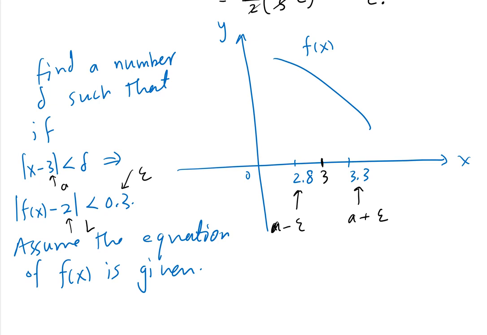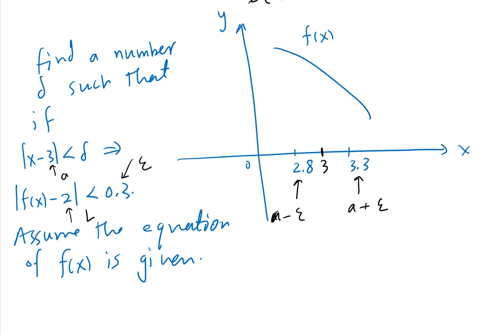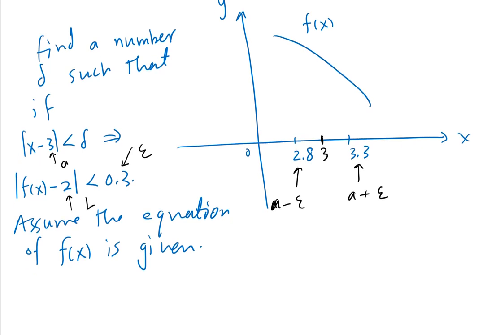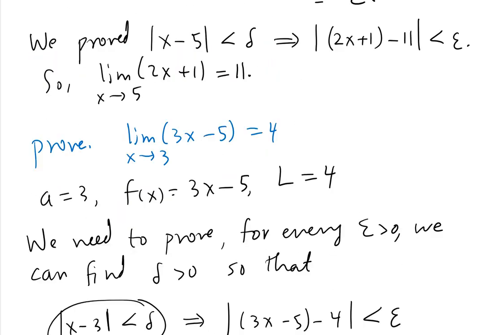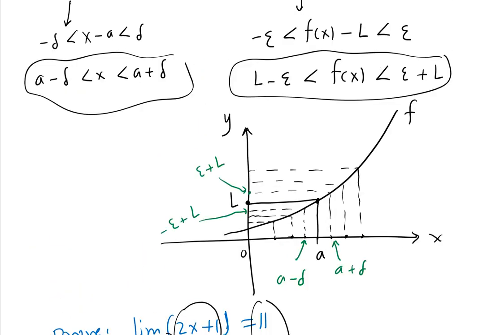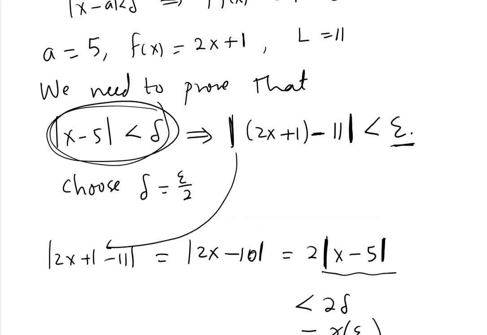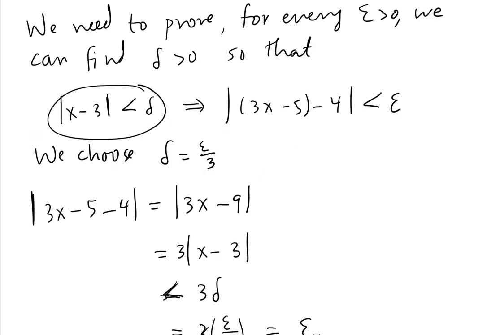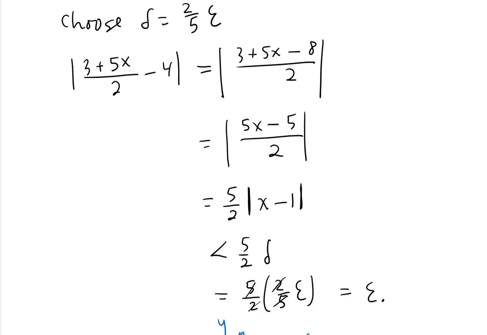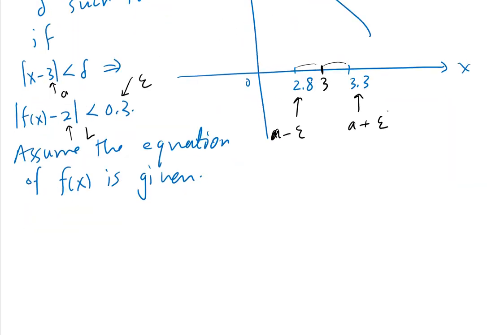What is delta? Which one works? Is it the 3 minus, is it this or this? Because if you look back at the main graph, we had A plus delta or A minus delta. So epsilon doesn't work out here. So A plus delta and A minus delta.